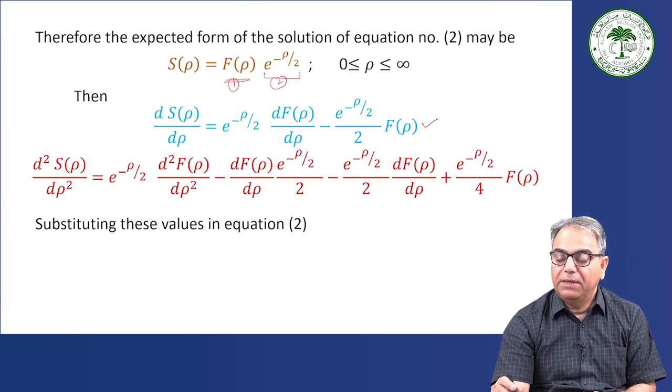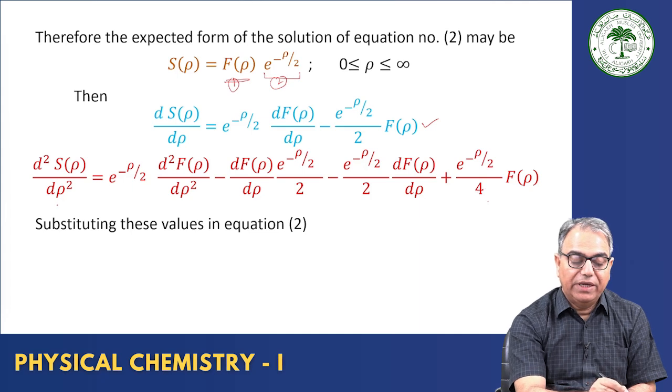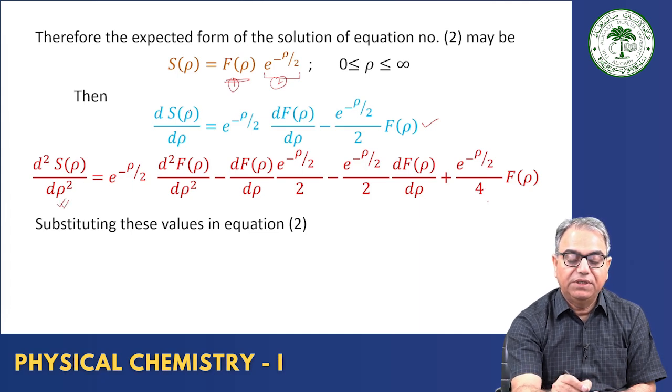Then, keeping exponential minus rho divided by 2 constant and differentiating df rho, and then keeping f rho constant and differentiating the exponential term, will give you this one.